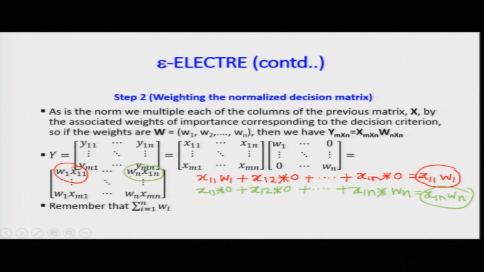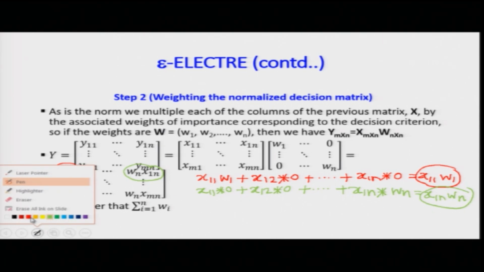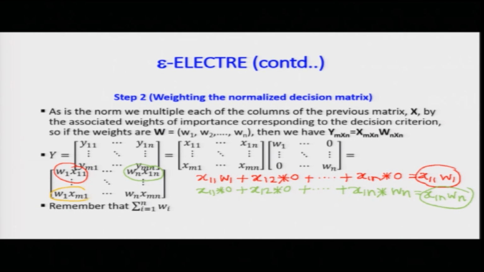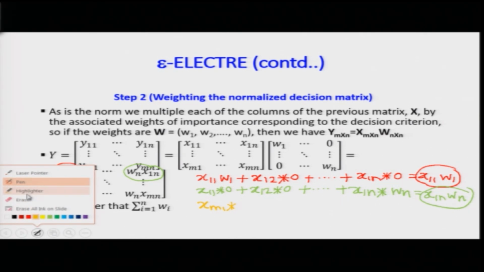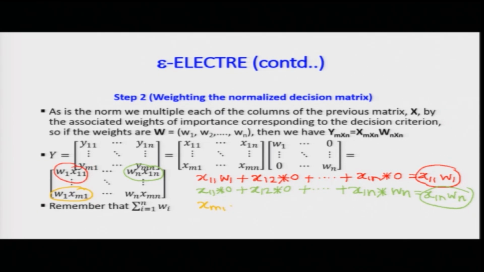Similarly, if I take the color orange, this one would match when I multiply xm1 by W1, then xm2 multiplied by 0 plus dot dot plus xmn multiplied by 0.